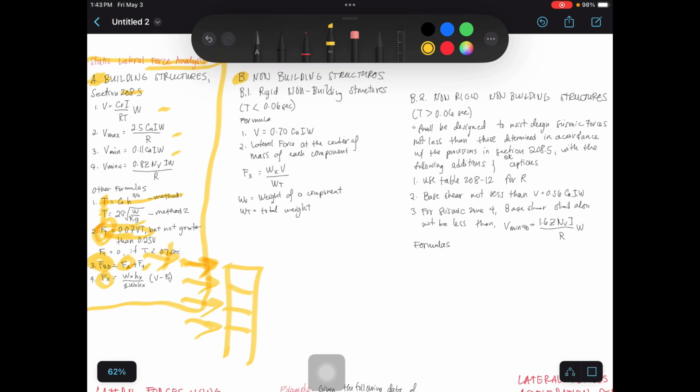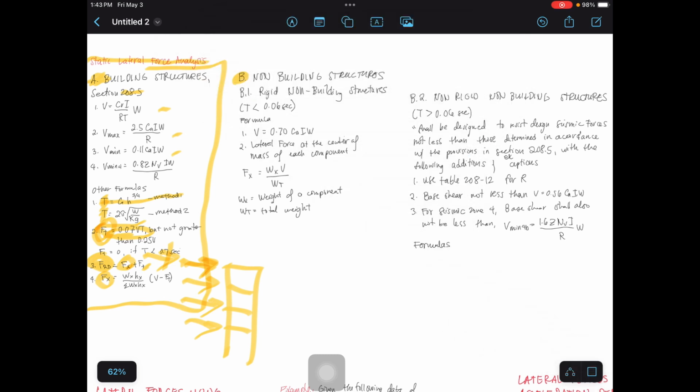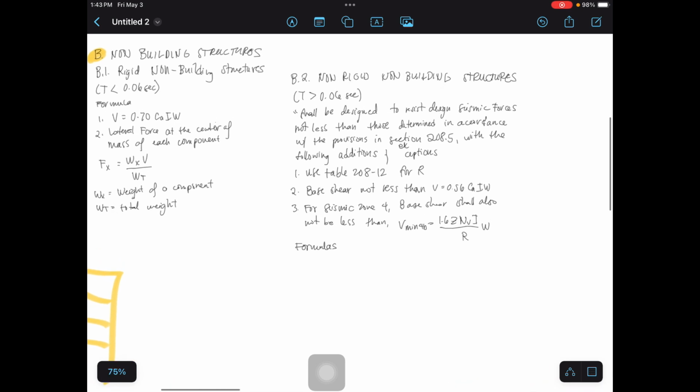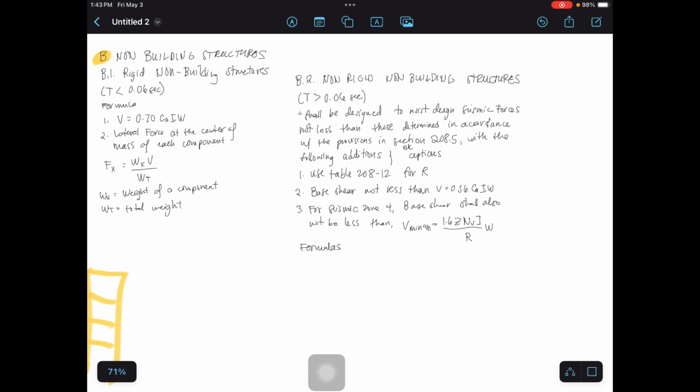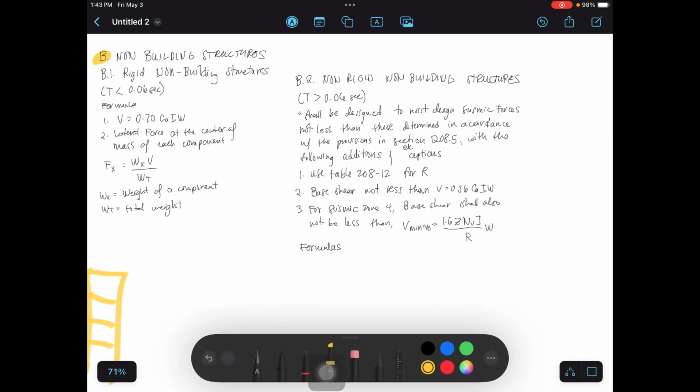So, next naman ay yung sa non-building structures. So, yung non-building structures natin divided into rigid and then meron ding non-rigid. So, para malaman kung rigid, dapat ang period niya is less than 0.06 seconds. So, ibig sabihin, mabilis ang oscillation niya, ang pag-cycle niya.